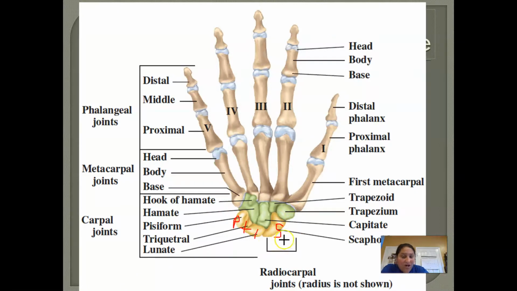We're gonna start on the thumb side, proximal, and the yellow is the proximal, the green is distal. So you have S, L, T, P, T, T, C, H. What does that mean?